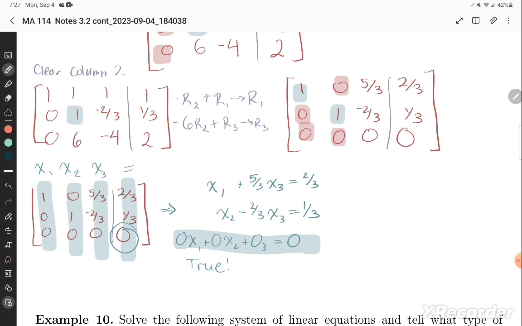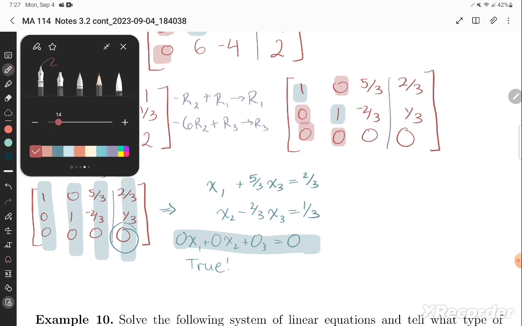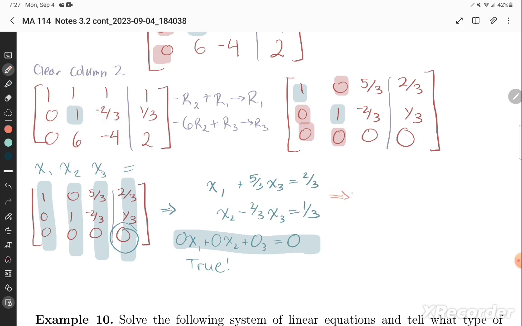It is true. So what this implies is that if I'm going to continue and write this out as a solution, my explicit solution here is going to be x1 is equal to 2/3 minus 5/3 x3. Then x2 is equal to 1/3 plus 2/3 x3.